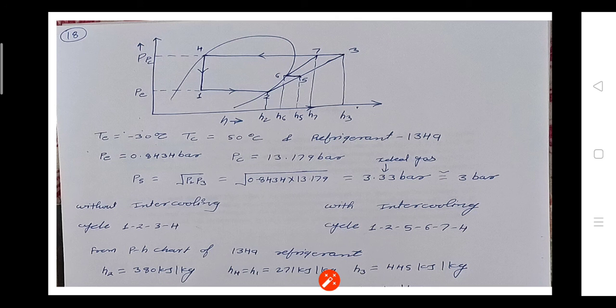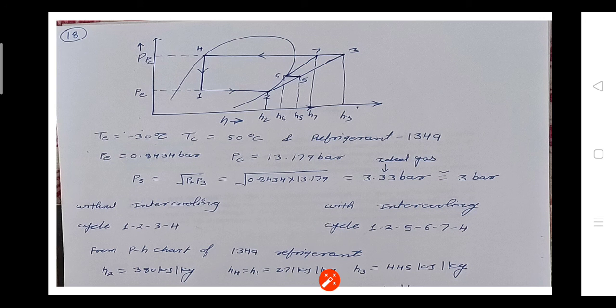Then the second compressor process takes place from point 6 to 7. With intercooling the cycle is 1 2 5 6 7 4 1 for completion of the cycle.